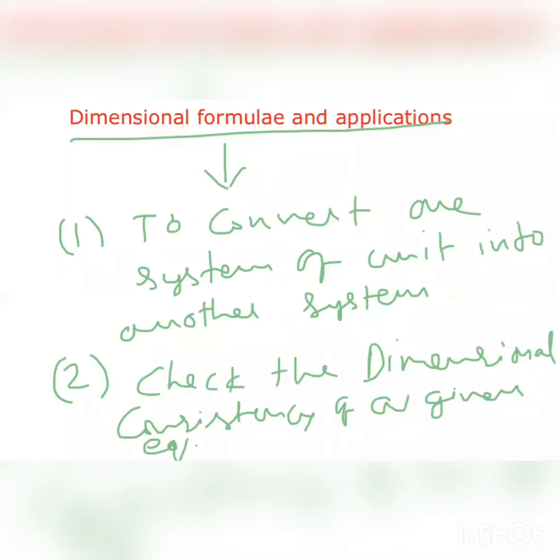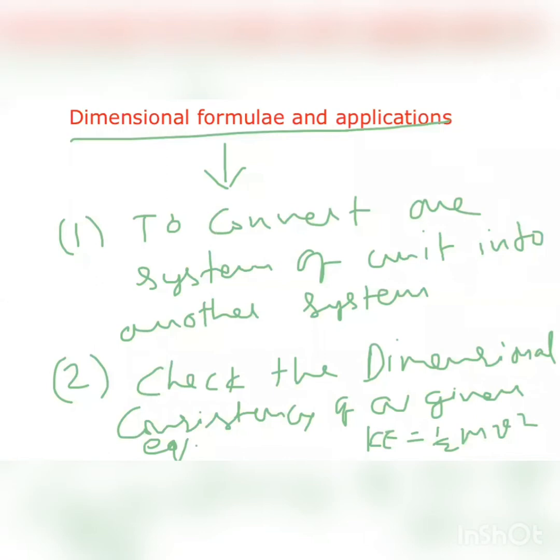Suppose, for example, they tell that kinetic energy is half mv square. They ask whether this equation is correct or not.